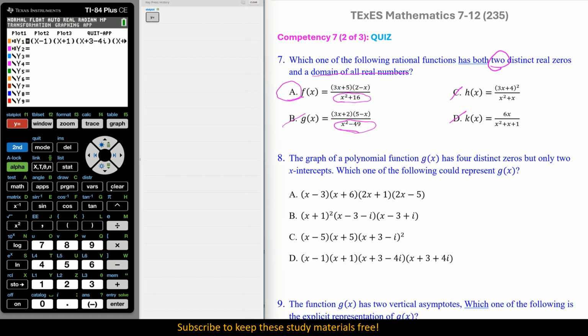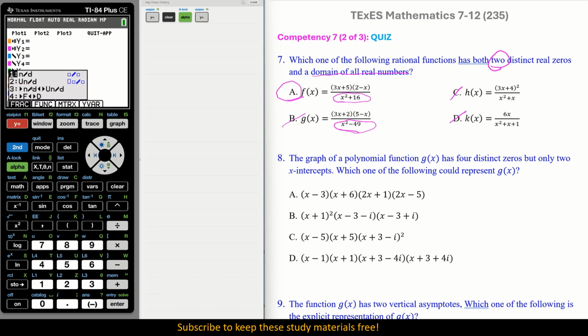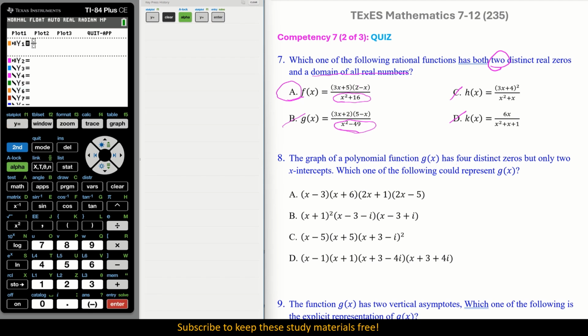So let's go back here, clear this out, and we will say alpha y equals, and let's go with the number 1. It sets up our fraction: open parentheses, 3x plus 5, close, open, and we have 2 minus x, close, arrow down, and we have x squared, and then plus 16.